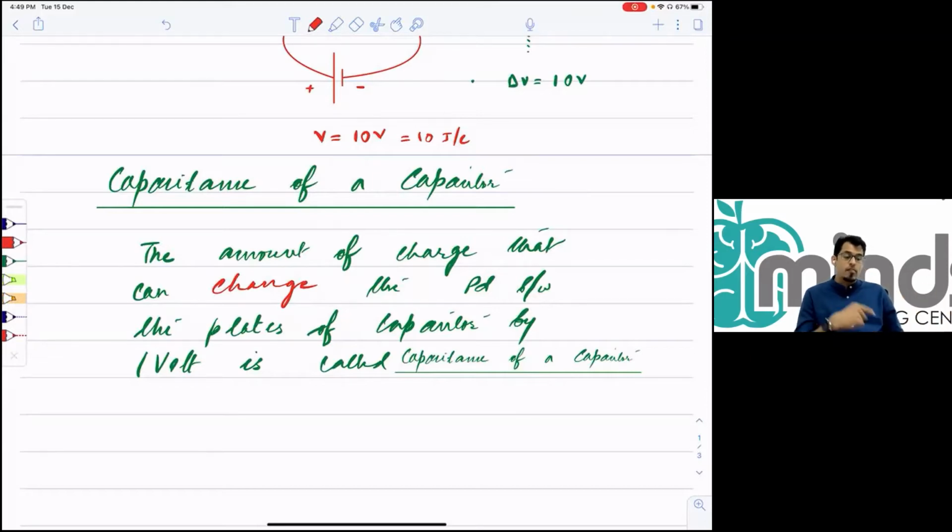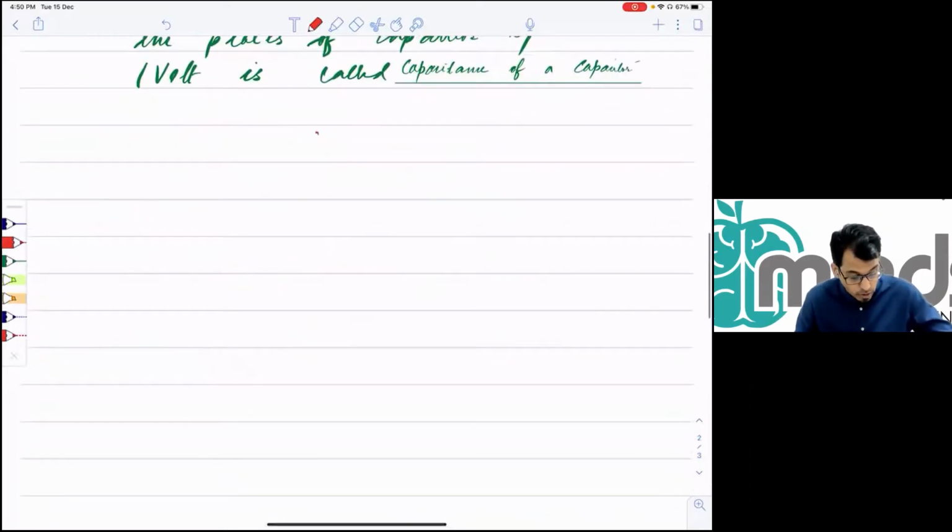At the same time, if it loses charge of 2 coulomb, the voltage will decrease by 1 volt. Is it making sense? That's why instead of increasing, I use the term change. So the amount of charge which can cause a potential difference of 1 volt is known as capacitance of the capacitor, right?